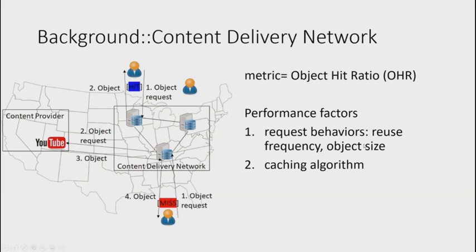Another factor is the object size. Due to the limited space of a cache server, the bigger the objects are, the fewer objects we can keep in the cache server, and then in that case, again, the performance suffers.